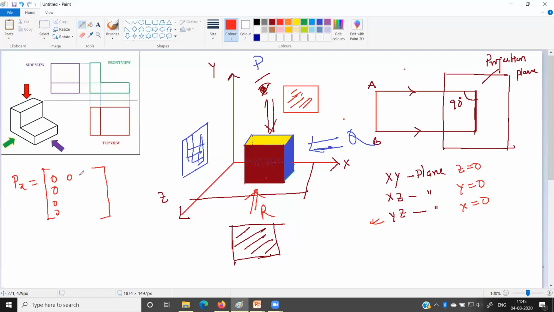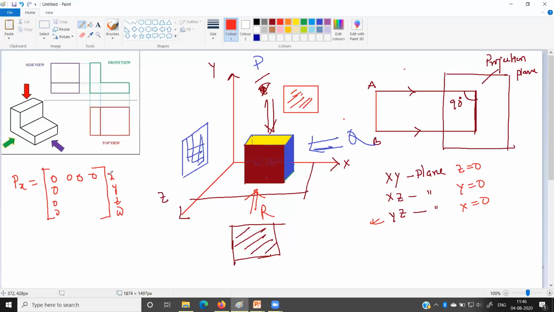I have just wrongly written; it will be like this, xyz and a weight factor. I am writing in the column major ordering, not in the row major ordering.